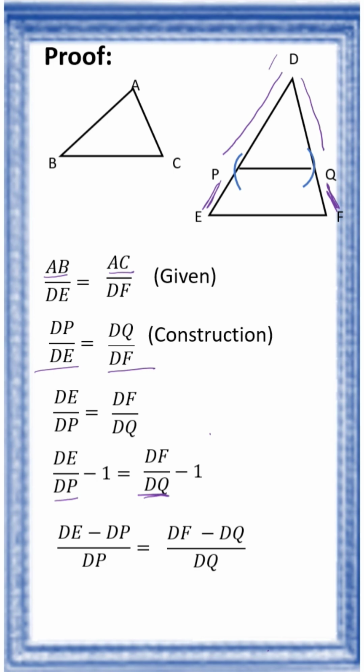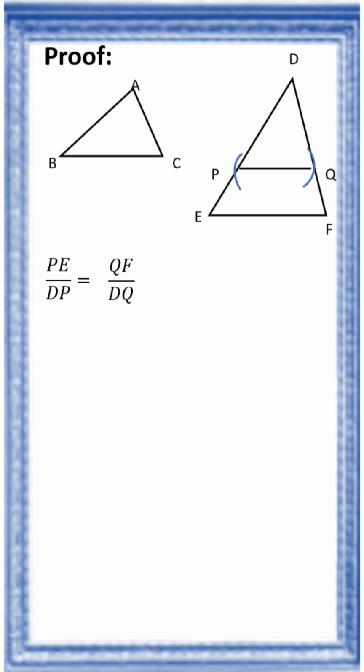Once again observe the figure. DE minus DP, what do you get? PE. So LHS is PE by DP, and RHS is QF by DQ. So now we have PE upon DP is equal to QF upon DQ.